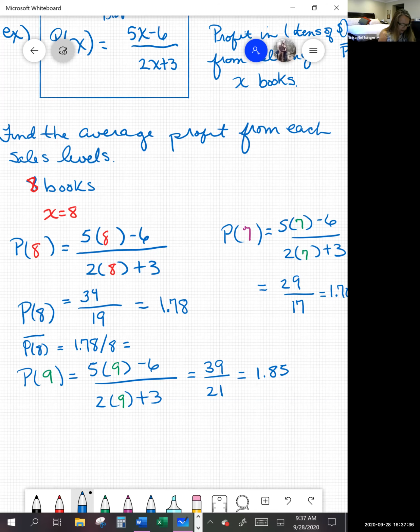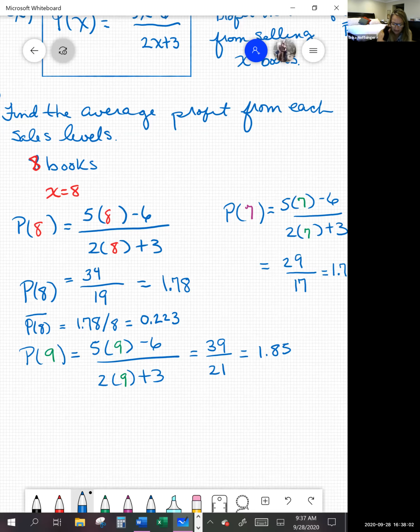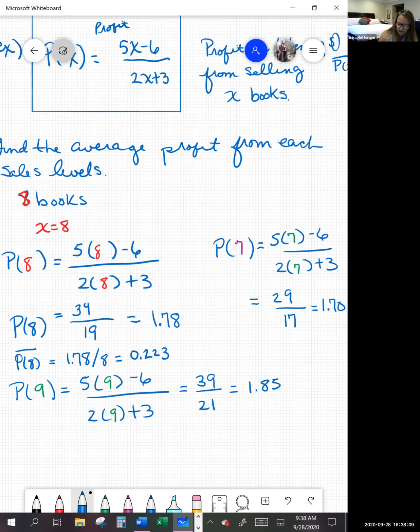This gives me 0.223. But this is per 10, x is equal to 10, so this is 10 tens of dollars.